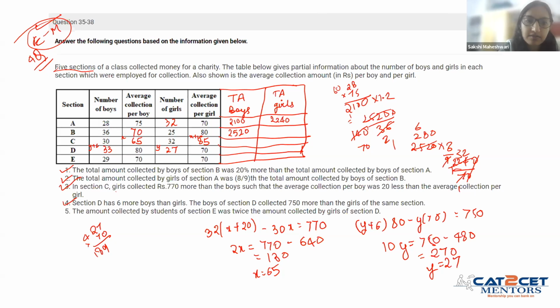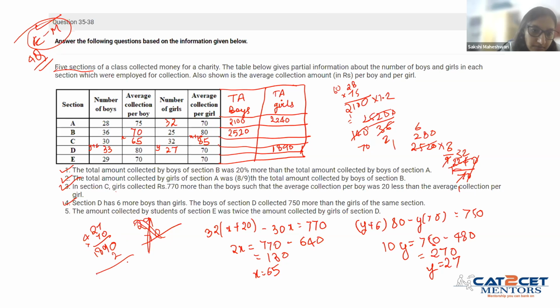This is simple multiplication, 1890. Okay, sorry, this is the amount collected by students of section E. So 1890 into 2.